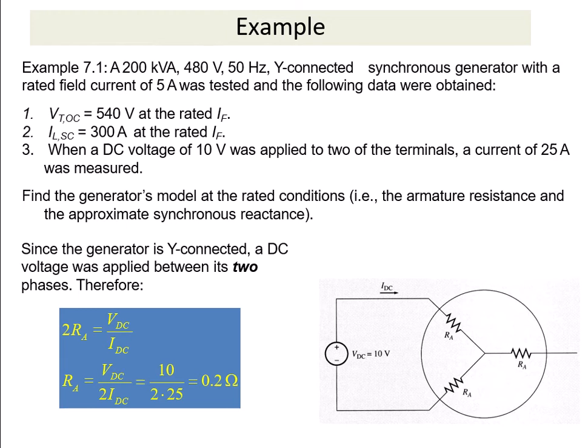When a DC voltage of 10 volt was applied to two terminals of the machine, a current of 25 ampere flowed. Find the generator's model at the rated condition.